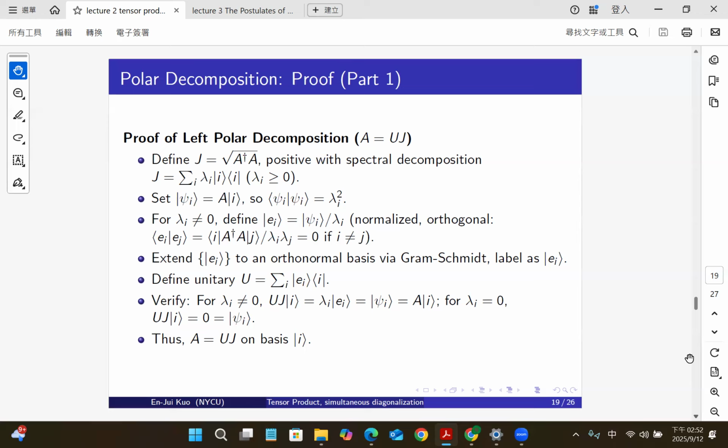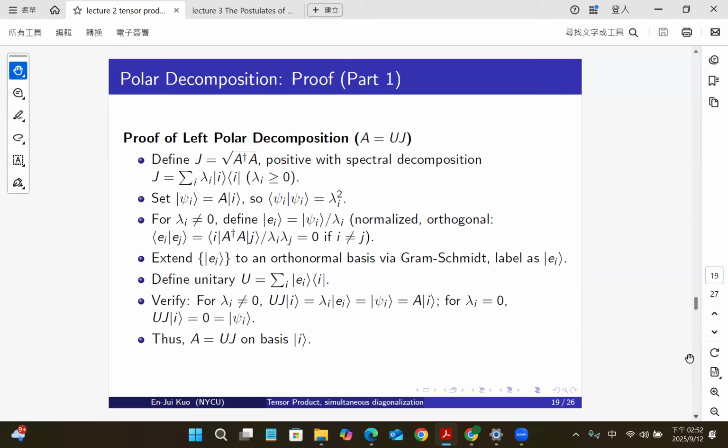And psi i is defined as A times i. So this is A times i. So this means that U J applied on i is the same as A applied on i. Okay, so this is for the lambda i not 0 case.